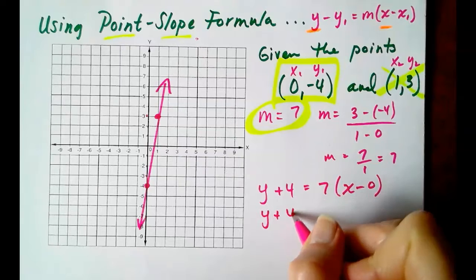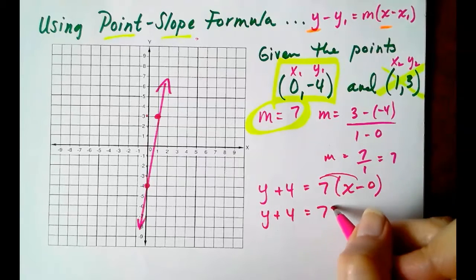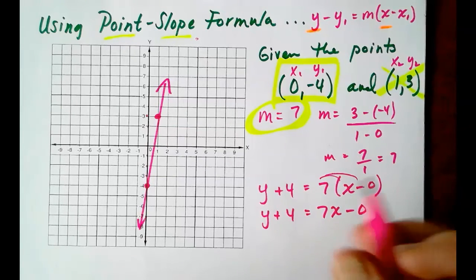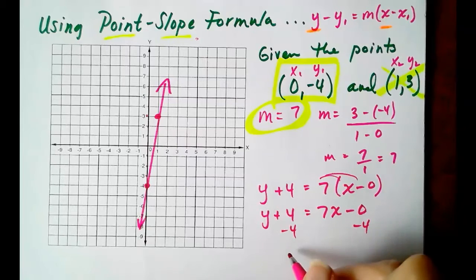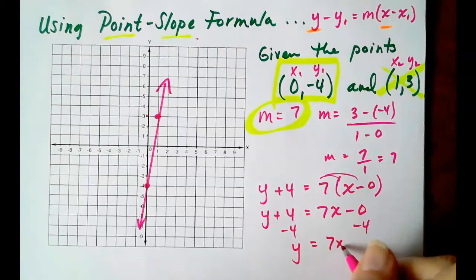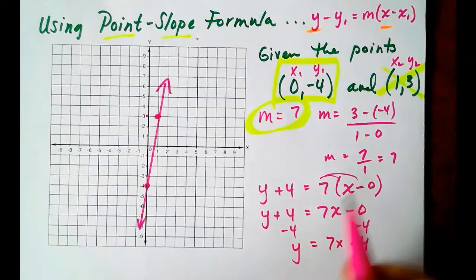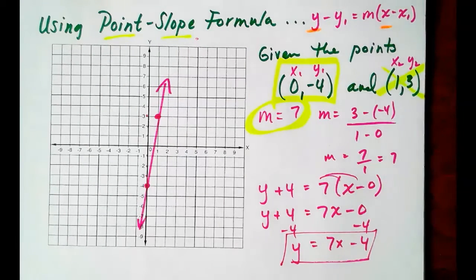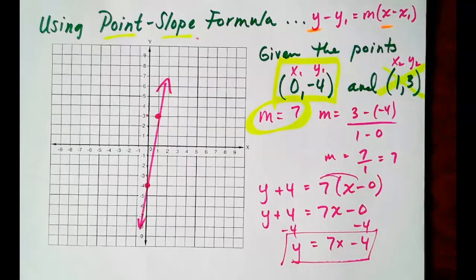So y plus 4, distribute, equals 7x minus 0, minus 4, minus 4. Of course, this is the y-intercept. y equals 7x minus 4. So that is the equation of our line in slope-intercept form using the point slope formula.